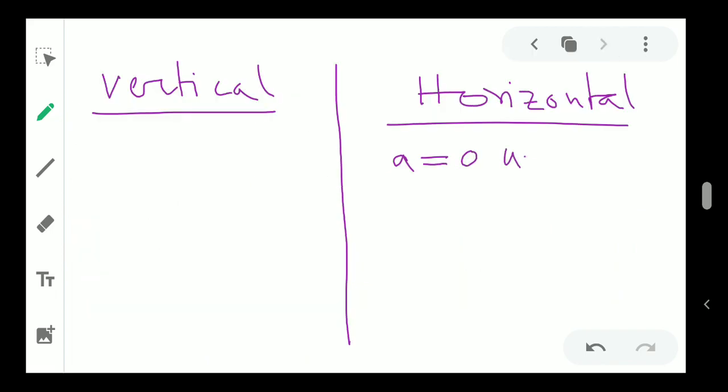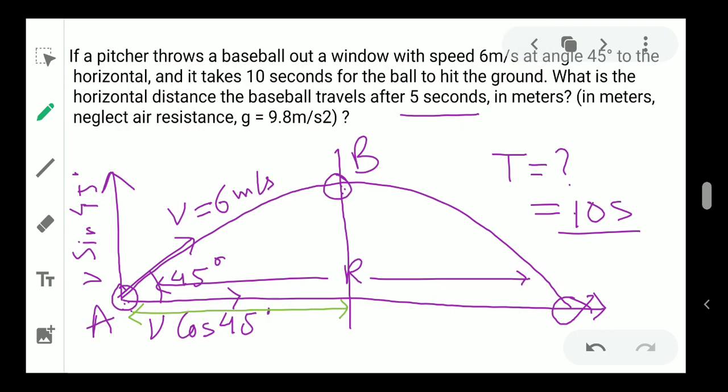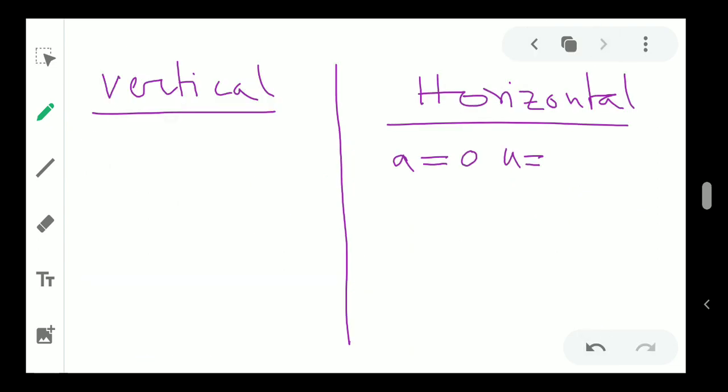The initial velocity for horizontal motion is v cos 45 degrees. We know that cos 45 is 1 by root 2, so we can write v by root 2.